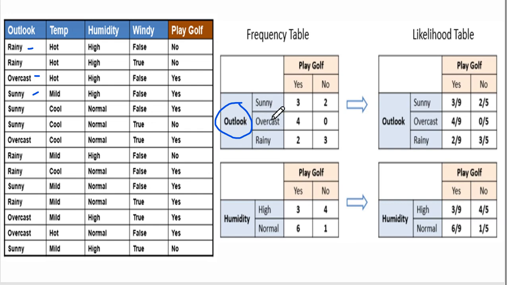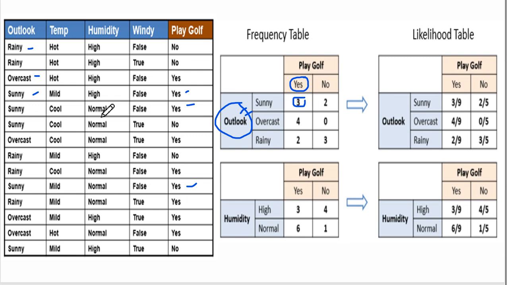Then we have to find how many records have outlook equal to sunny and play golf equal to yes. Let's see how many we have: sunny yes is one record, another is record 2, and again another record.